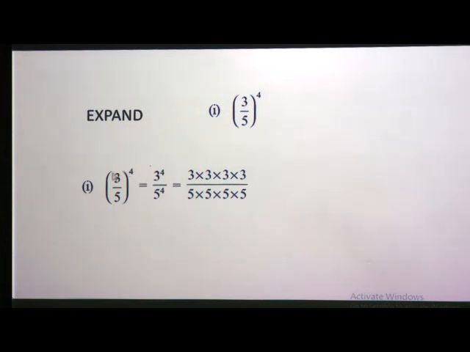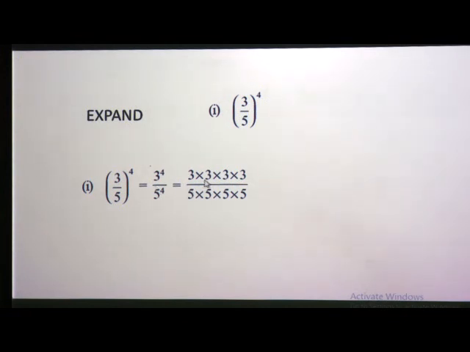In short, we can say the powers or exponents on the numerator as well as the denominator are the same, because we write the common power 4 to the given fraction. So, we write 3 to the power of 4 upon 5 to the power of 4.